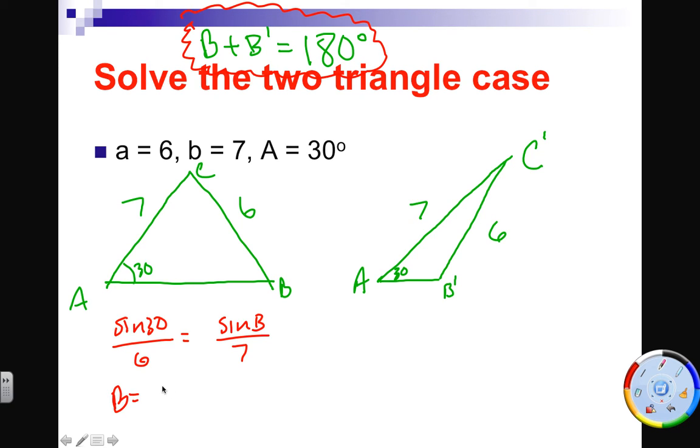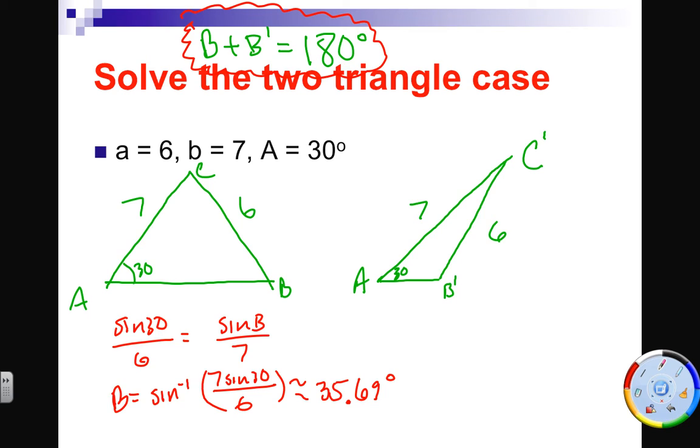And doing a little bit of math here, obviously, sine inverse, B is equal to sine inverse of 7 sine of 30 over 6, which is approximately, I think I have this one on my calculator still, 35.69 degrees.